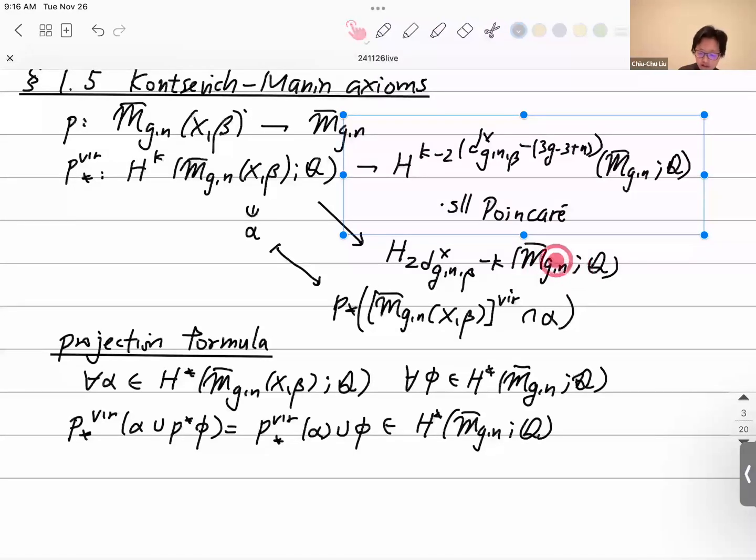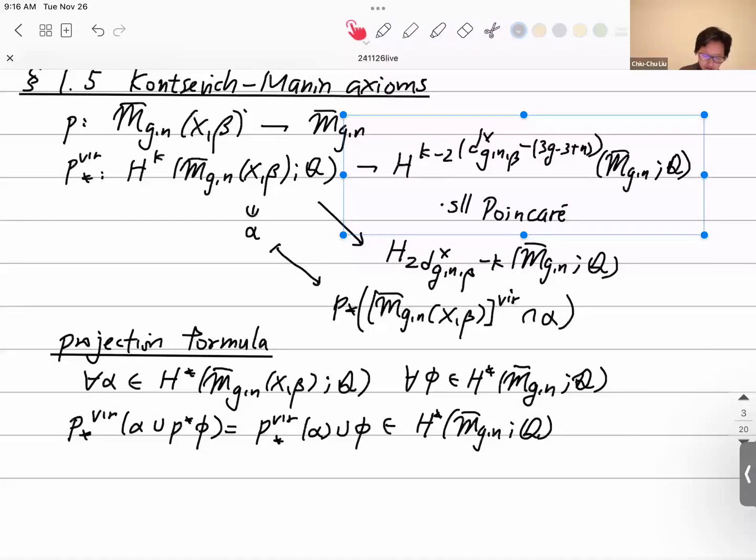And M bar g,n is a smooth orbifold, so we have Poincare duality. By Poincare duality via the actual fundamental class, we get a cohomology class of this degree.